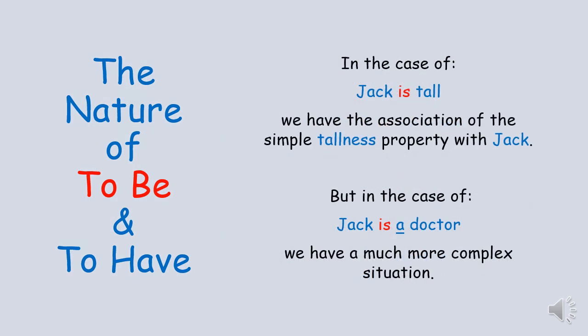I suggest that in the case of Jack is tall, we have the association of a simple tallness property with Jack. But in the case of Jack is a doctor, we have a far more complex situation.